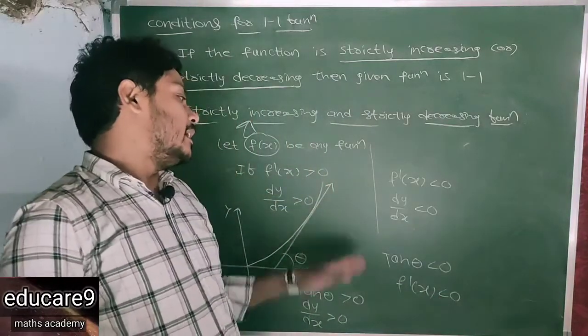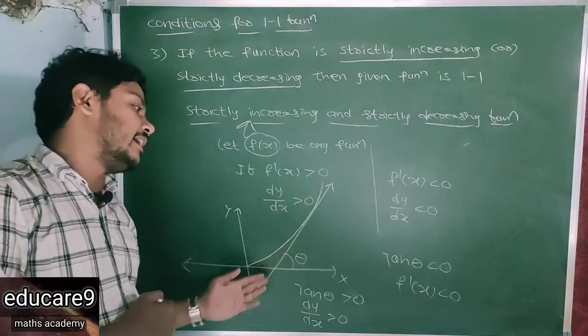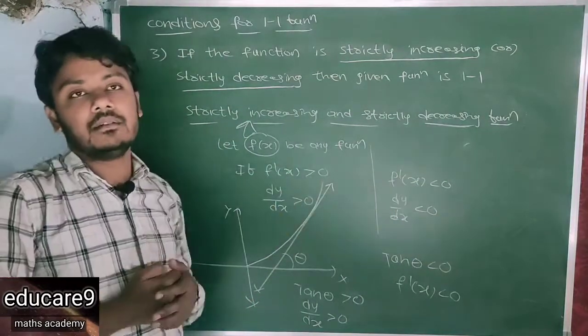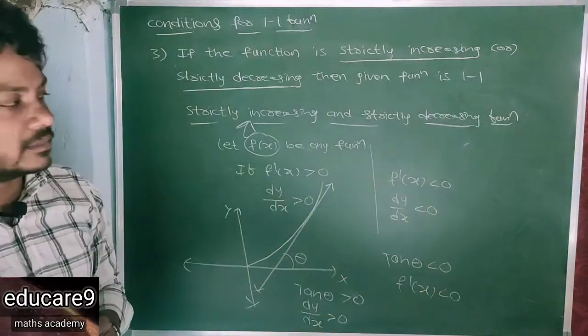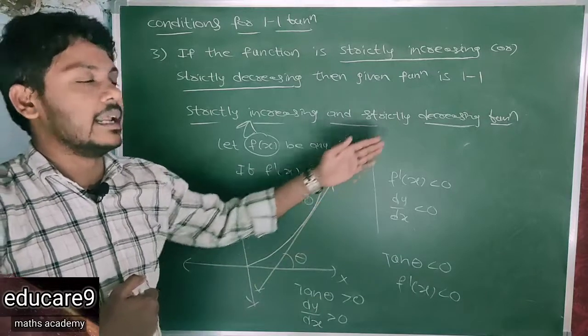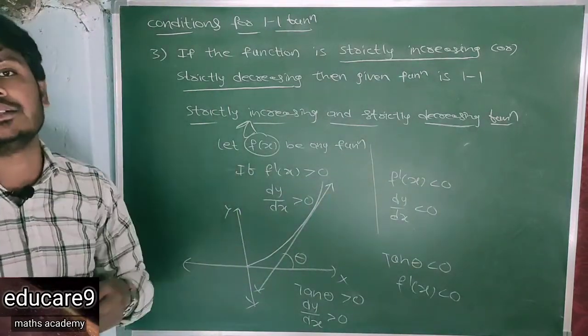So draw the tangent line for the given graph. The tangent line makes an obtuse angle. So in that case, the first derivative is negative. That is strictly decreasing. So this is the third condition.